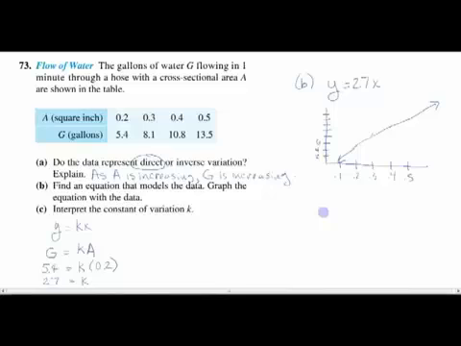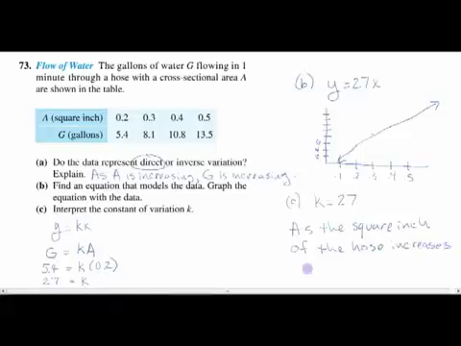Let's interpret the constant of variation k. So our k, we know, is 27. What does that mean in the context of this problem? It means that as the square inches of the hose increases by an inch, the gallons increases by 27.